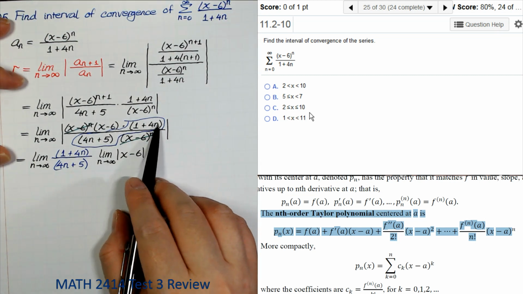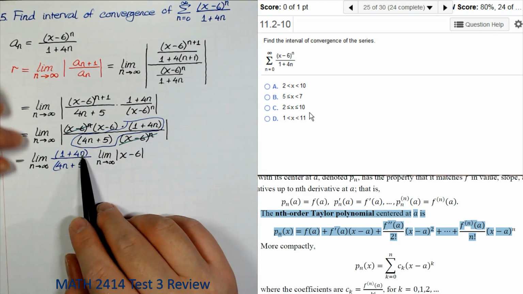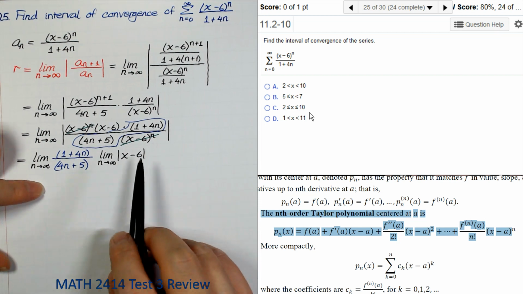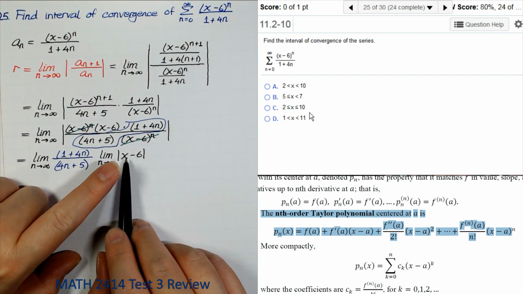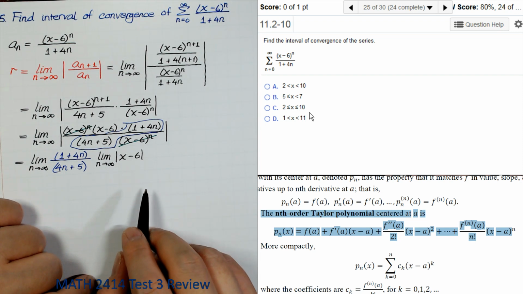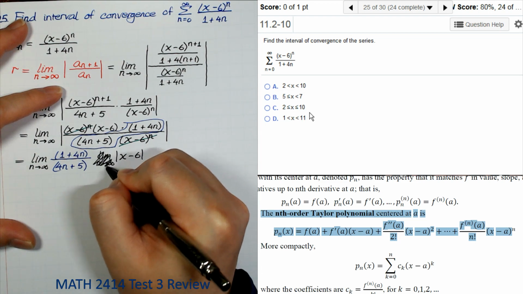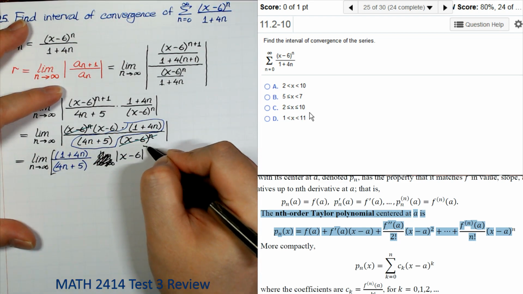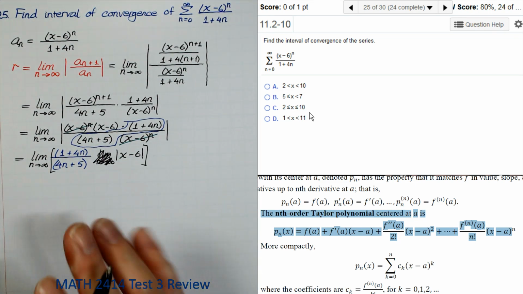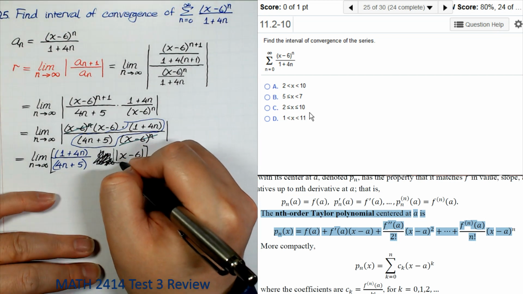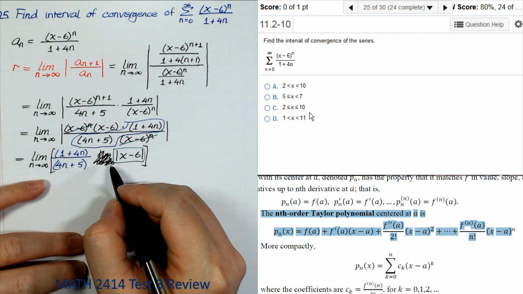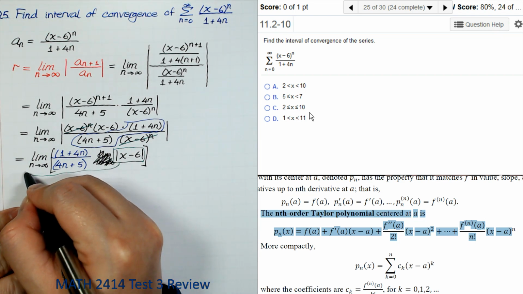Again, n is positive, so we really don't need to put absolute values on that part. Let's just write that as an expression like this. And finally, because this one has no n in it, I'll just take it outside.